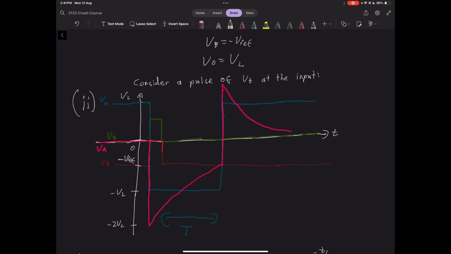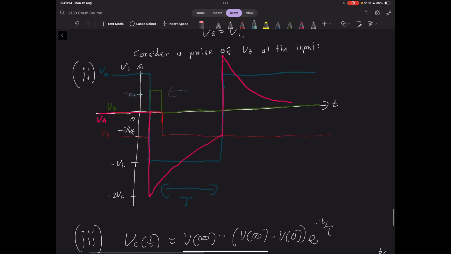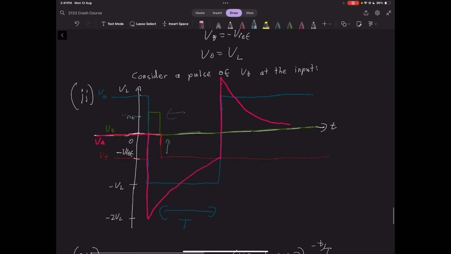Our waveform in green here, this is the trigger pulse. This is just some arbitrary horizontal pulse, which is obviously a magnitude greater than the reference voltage. This pulse causes VB to jump up by that amount.